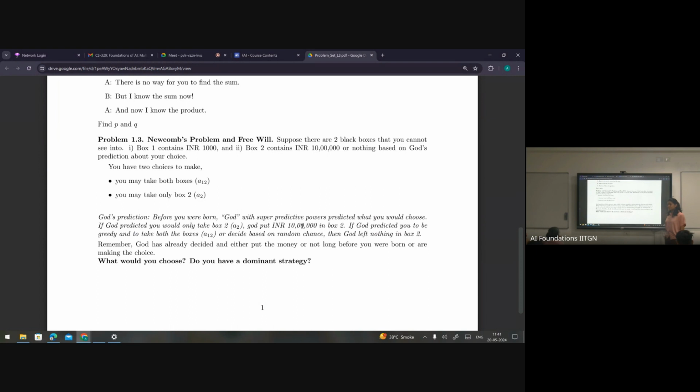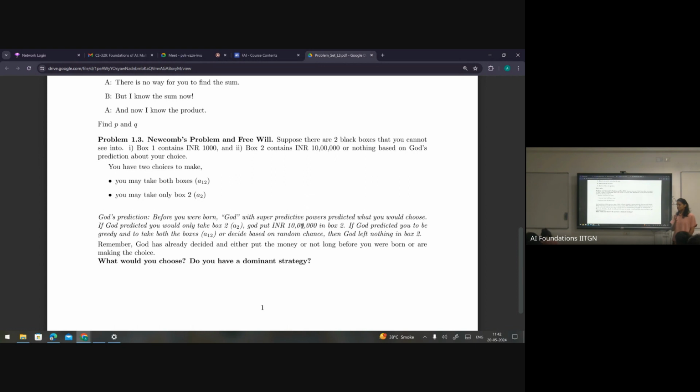Or God's prediction could be correct that you will take both the boxes. In that case, God must have left nothing with you, right? If God is correct and he has predicted it, then if you take both, maybe God was correct and he has left nothing in the other, and you'll end up with 1,000.